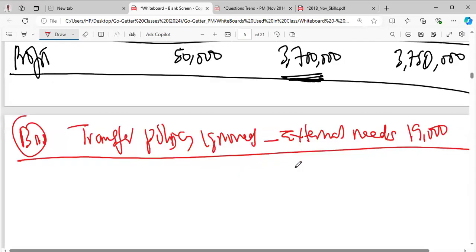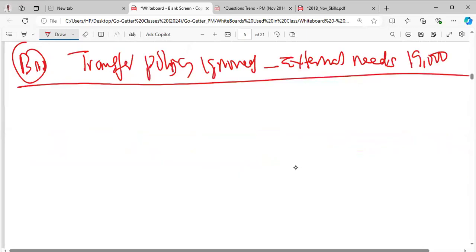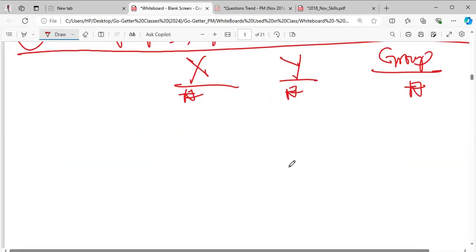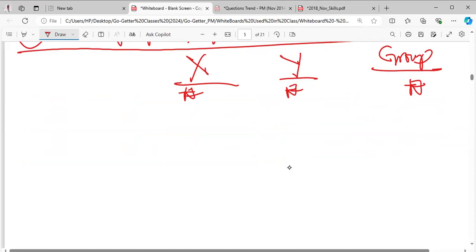So what happened? We usually want to see what the group will be like. So this is the group, which is our main focus. So this is our X, and this is our Y. As I said before, the Y will remain the same, X will change, group will change. Unlike the first one, group doesn't change, X and Y are the ones changing.